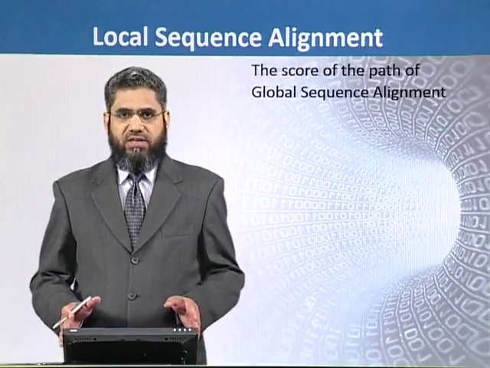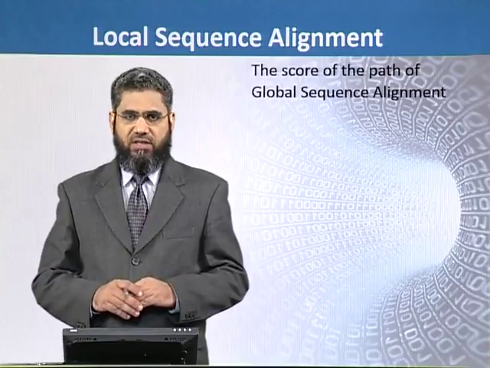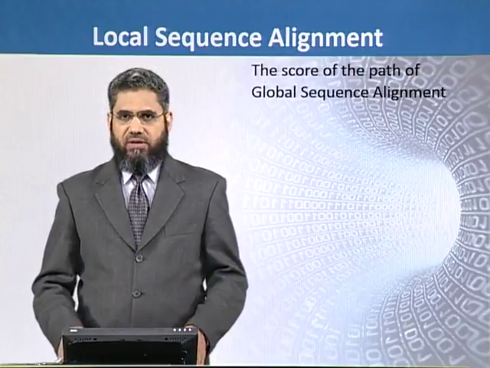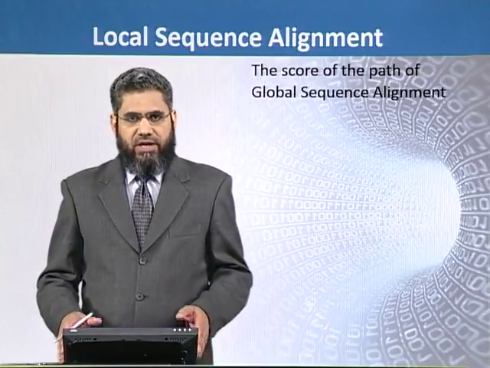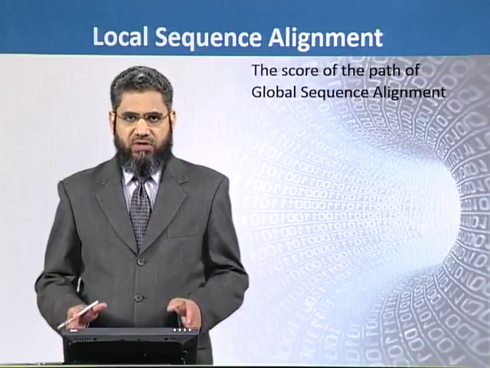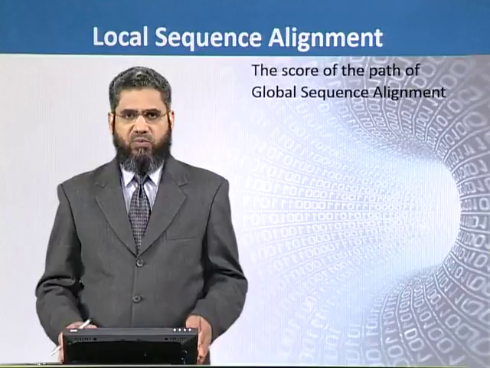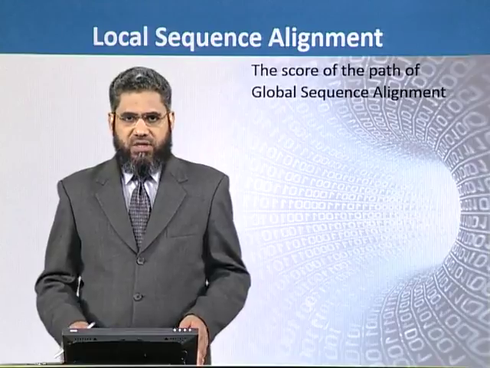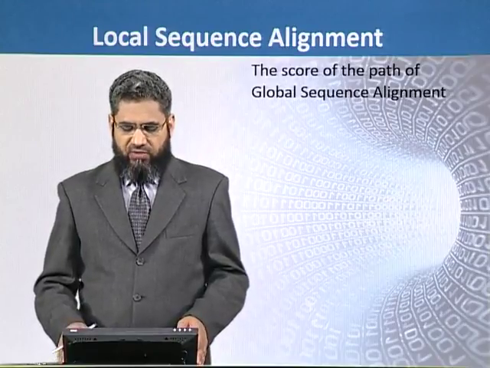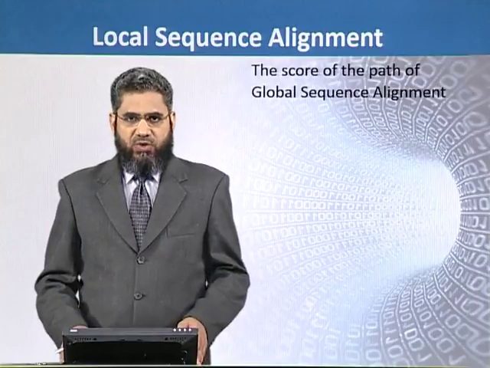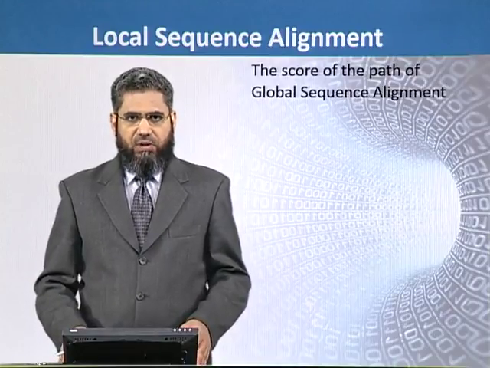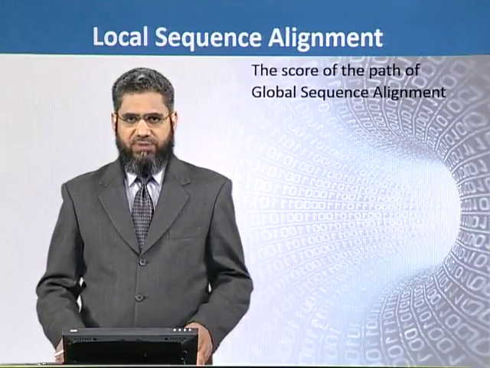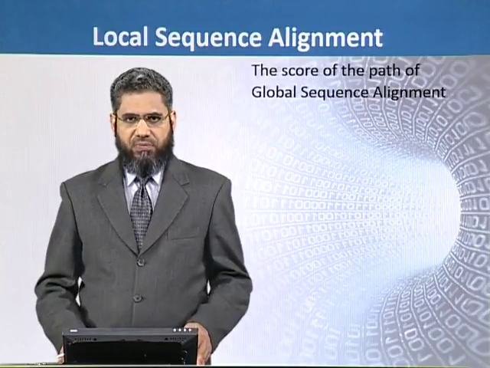In the previous slide, we have seen the graphic representation of the global and the local sequence alignments. And we have also assumed that the gene has a subsequence of a conserved domain, and that conserved domain has a length of approximately 1/3 of the sequence of the gene, and we have assigned 2/3n to the horizontal edge and 2/3n to the vertical edge and 1/3n to the diagonal edge.